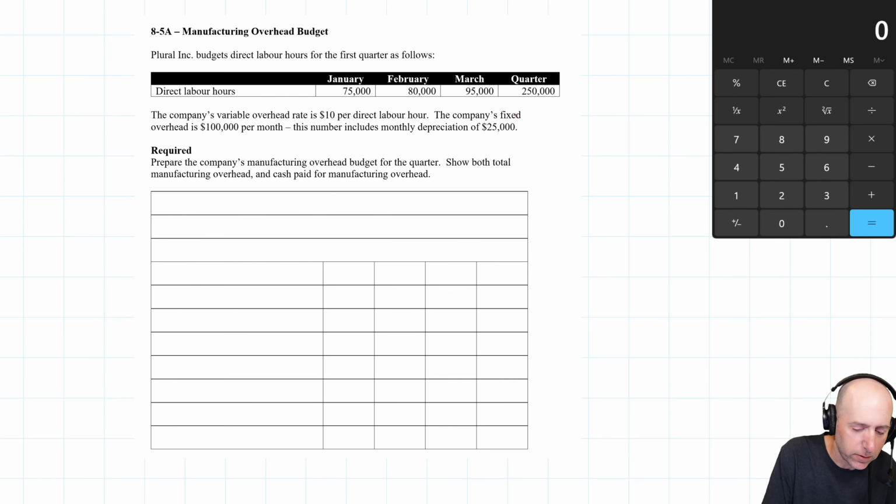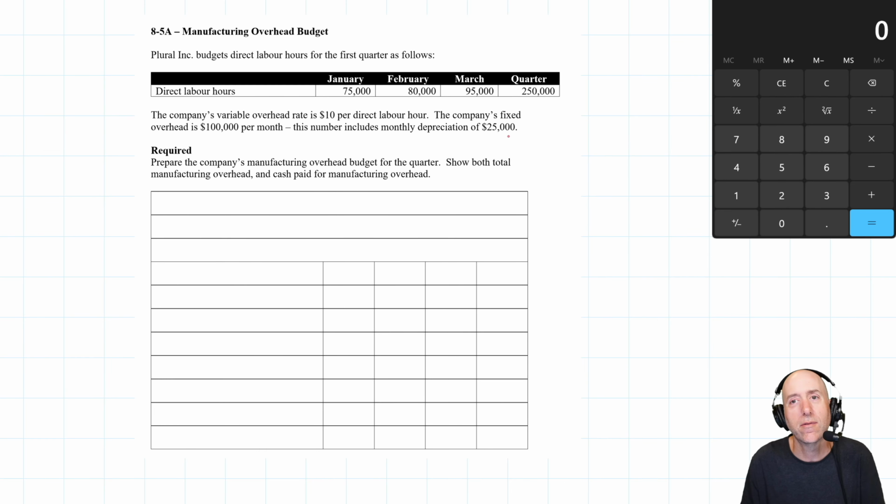The company's fixed overhead is $100,000 a month. This number includes depreciation of $25,000. Something we'll do when we're budgeting is we'll calculate the total overhead, or the total of any cost, and then we'll try to figure out what that means for cash flow.